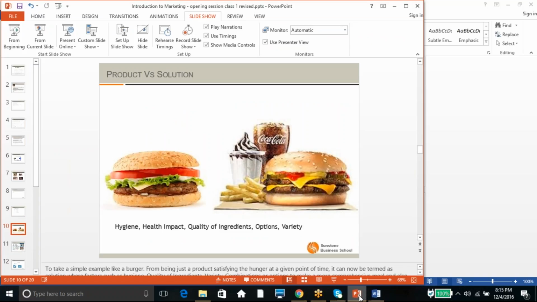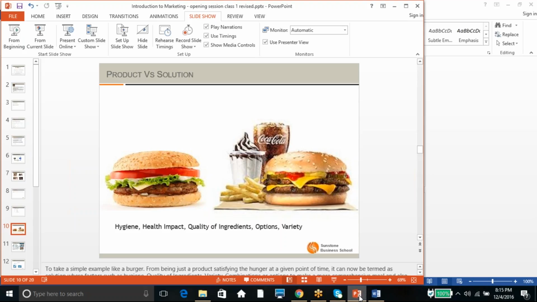So this is product, this is solution. The meaning of solution has been made slightly more enhanced than product, where ambience, impact on health, quality, accompanied accessories or variety, etc., all come under the solution. So what does the customer need?